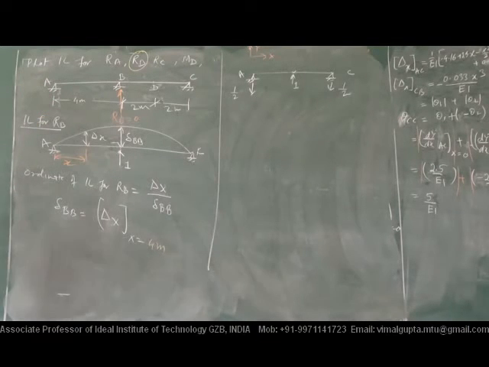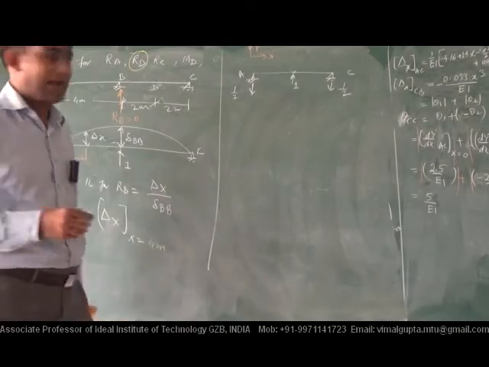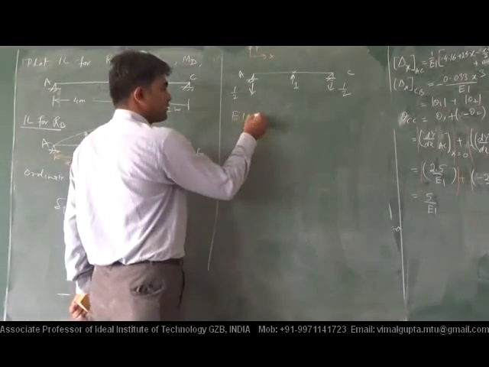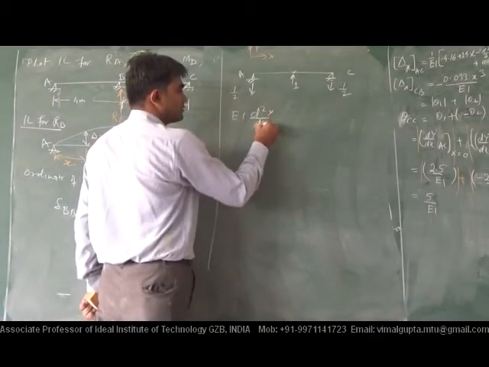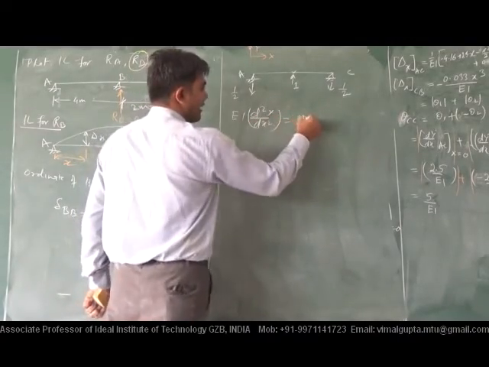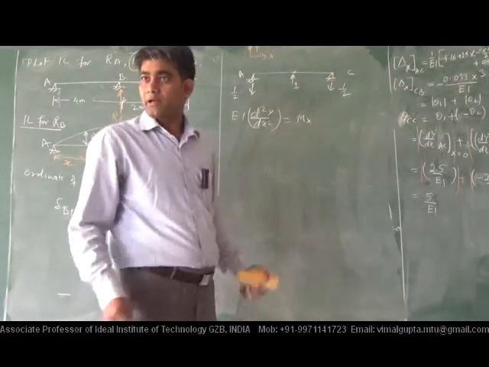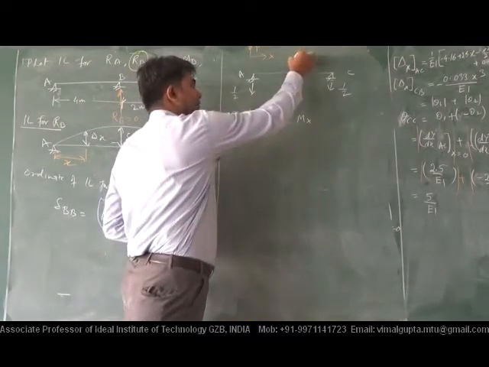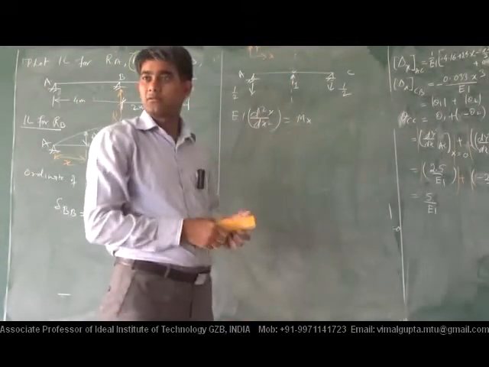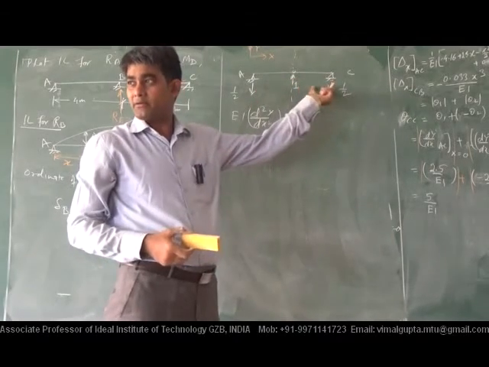So apply Macaulay's method to find the value of delta x. Apply Macaulay's method to find the value of delta x. So EI d2y by dx2 equals the value of Mx. Now this question will have two segments, this one segment and this one segment.